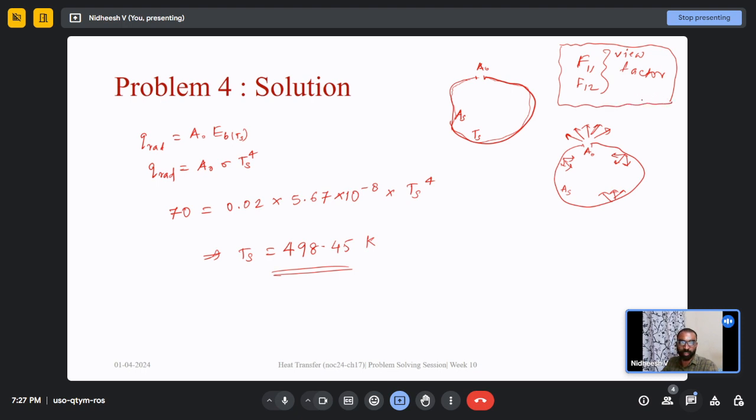If not, I think it will be taught soon. During that time, we will see radiation exchange between different surfaces. At that time, we can see how to do calculations when radiation is emitted by one surface and received by the same surface.